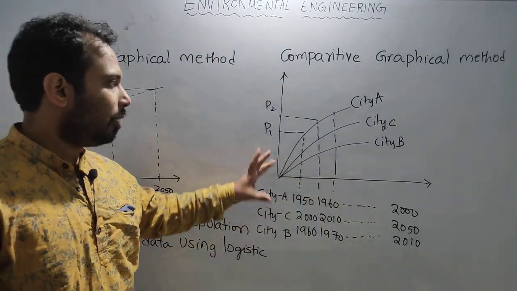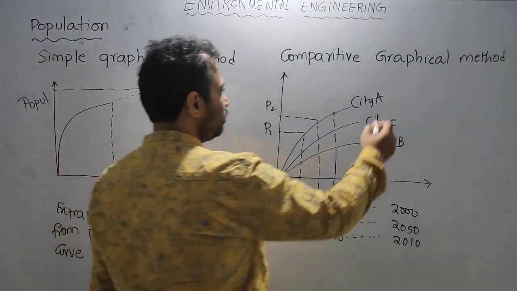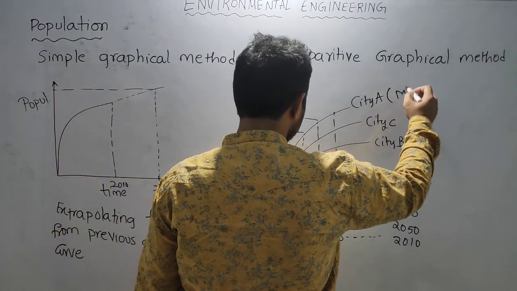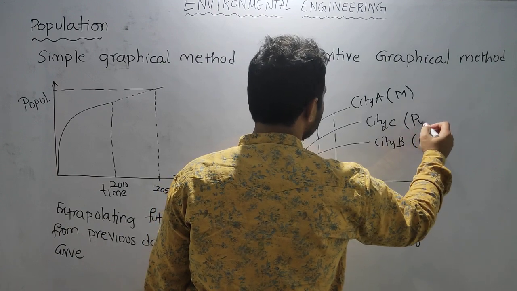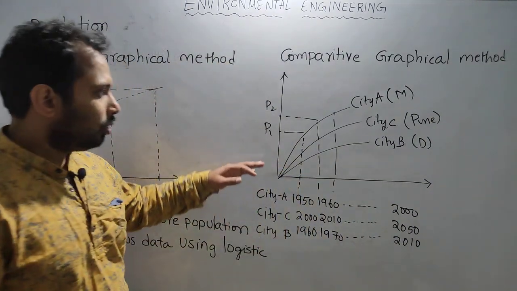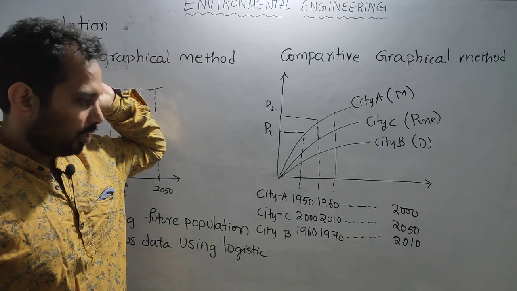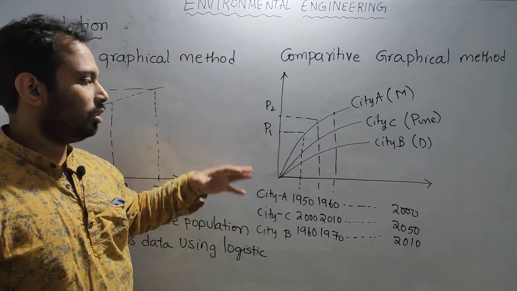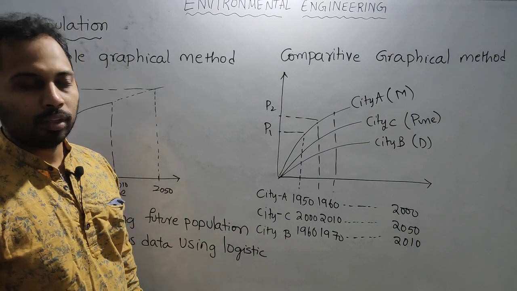So likewise, this is comparison. For example, if this is Mumbai, this is Delhi, and this is Pune, the city growth is in between Mumbai and Delhi. So what is the population of Pune in 2050?